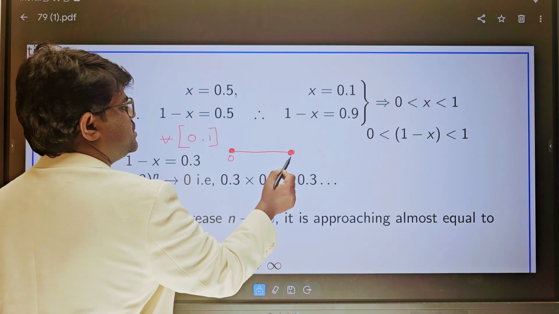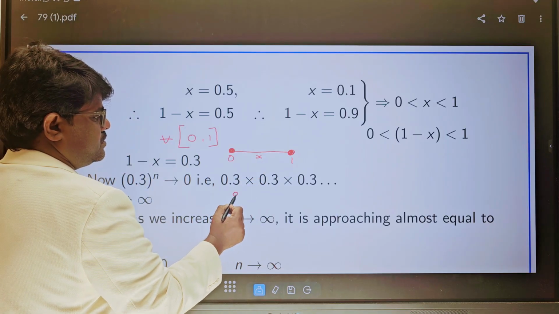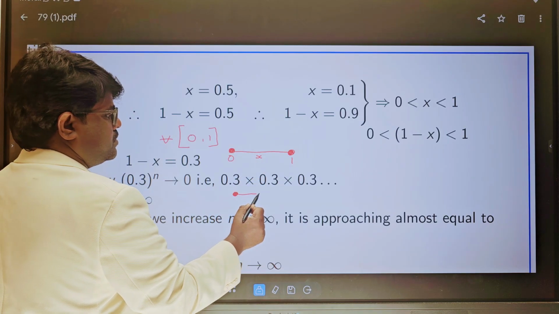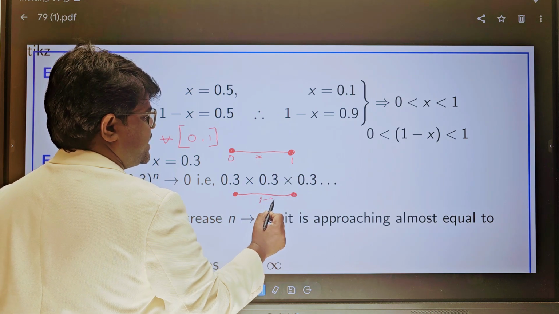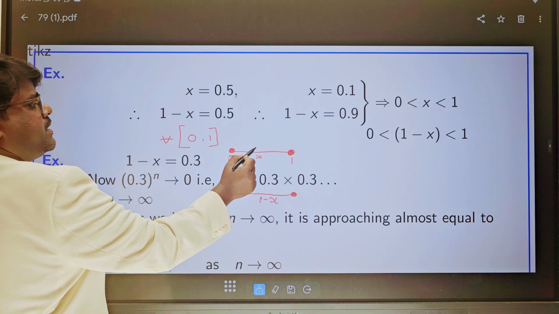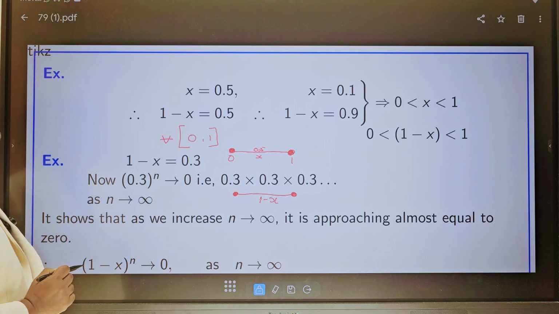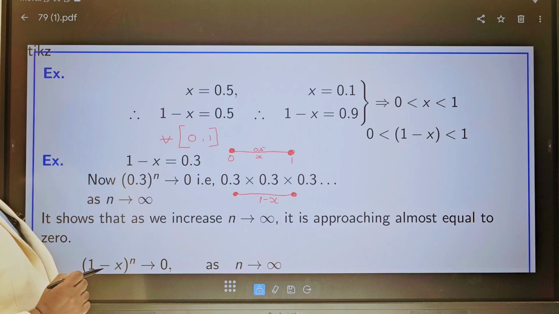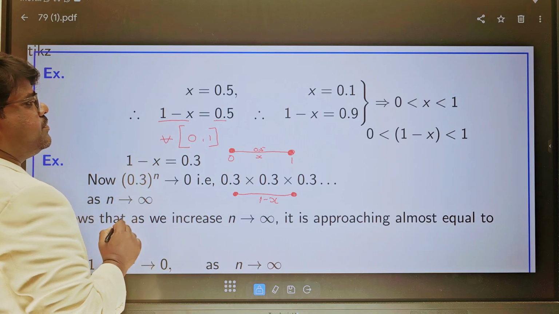This is 0, this is 1, this is any arbitrary x, and this is 1 minus x. If x equals 0.5, then 1 minus x is also 0.5.